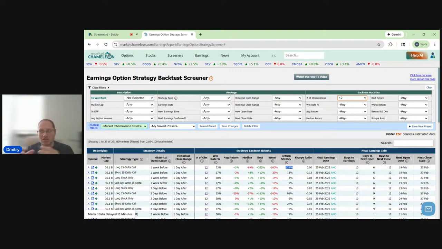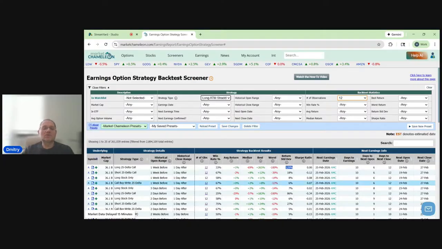So an at-the-money straddle is buying a call and a put on the same strike, with the strike that's closest to the stock price, at the money. And when you're doing that, it's not directional. You just want the stock to move in either direction to cover the cost of that strategy. So let's click on that.